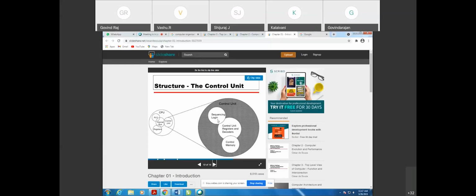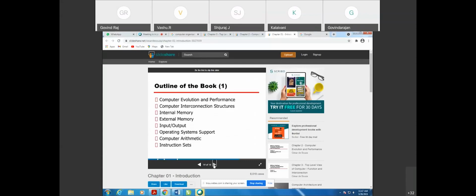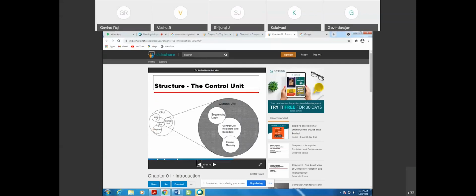So it goes to the program counter and allows the same control execution again and again. That is the sequential logic.